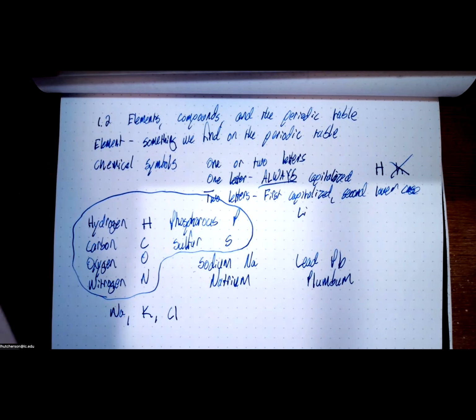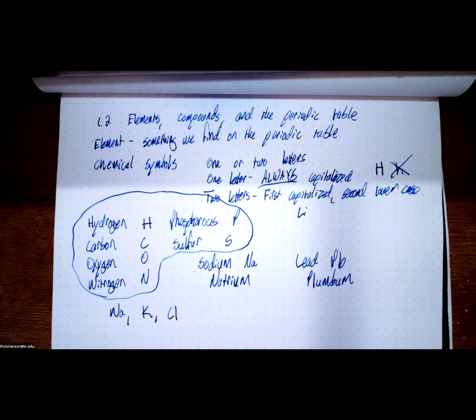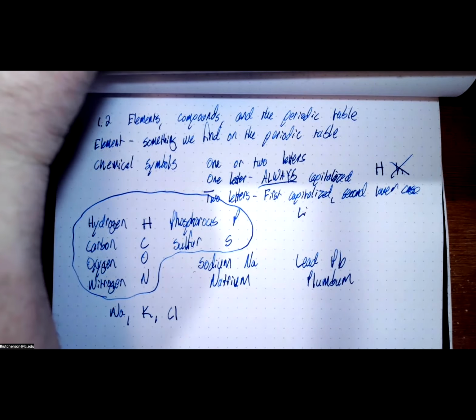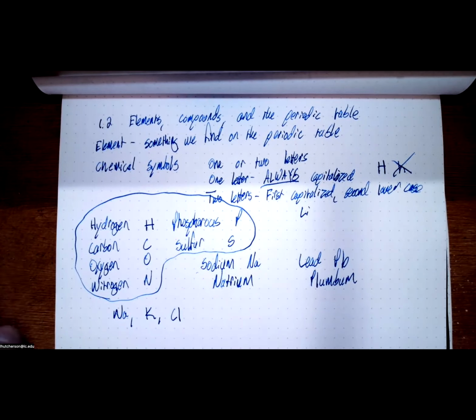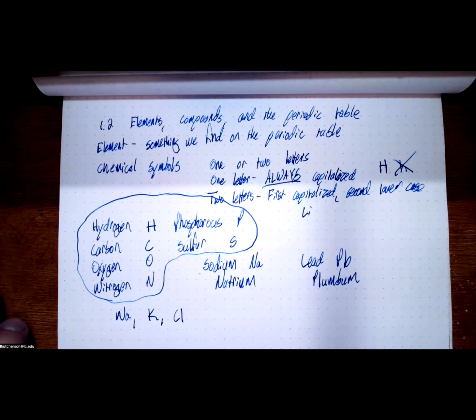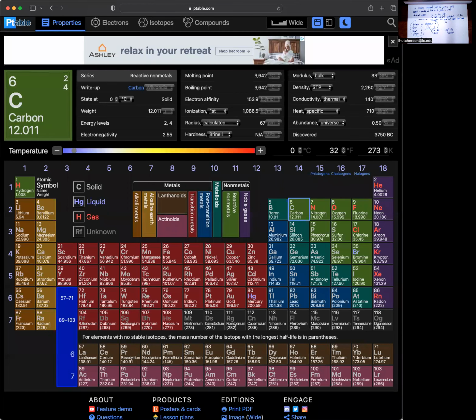All right, let's revisit our periodic table again, though, and let's look at some other features of it. Let me find my cursor so that I can share the screen with you. All right.